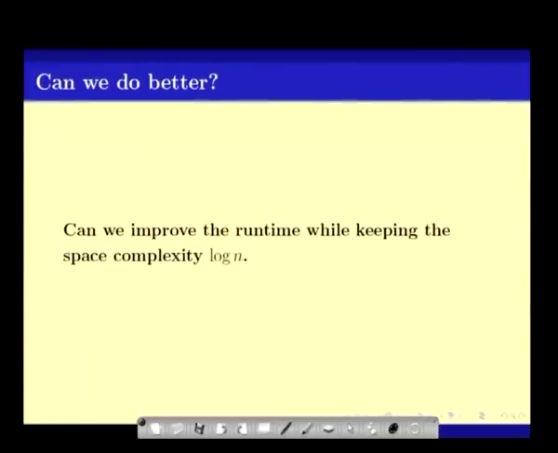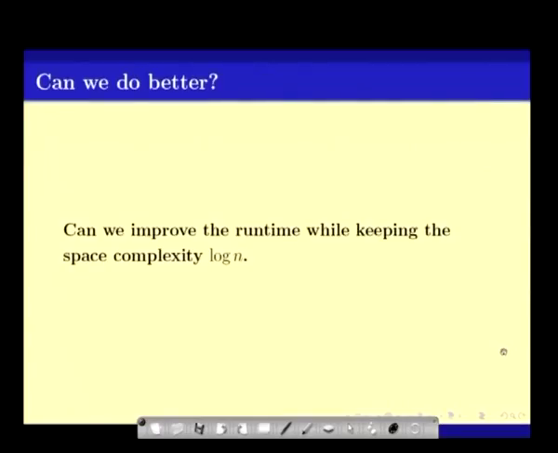The question is, can one do better than this while maintaining the same space complexity? Note that a space complexity better than log n is something hard to imagine, because when we have to access the elements of this set S, we have to maintain registers like i, j and so on, and even those registers require log n space.